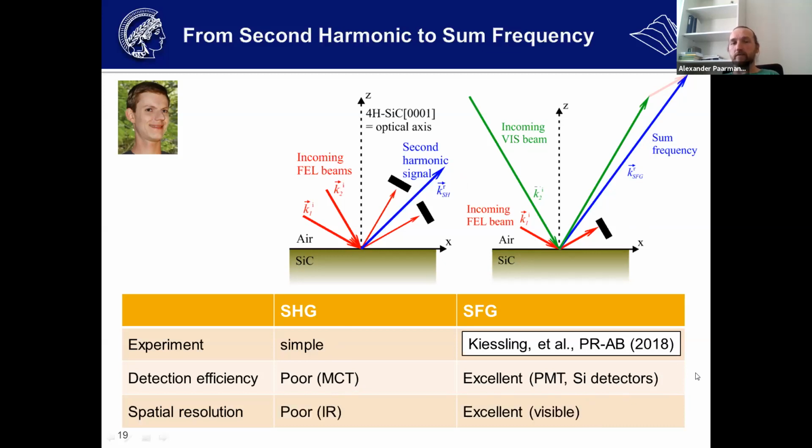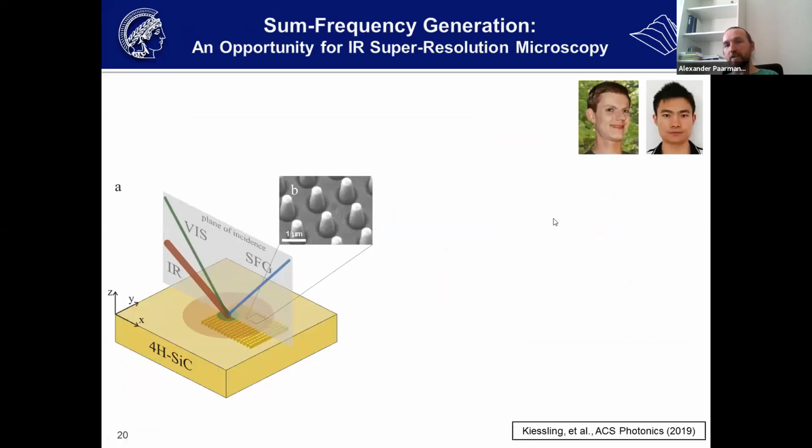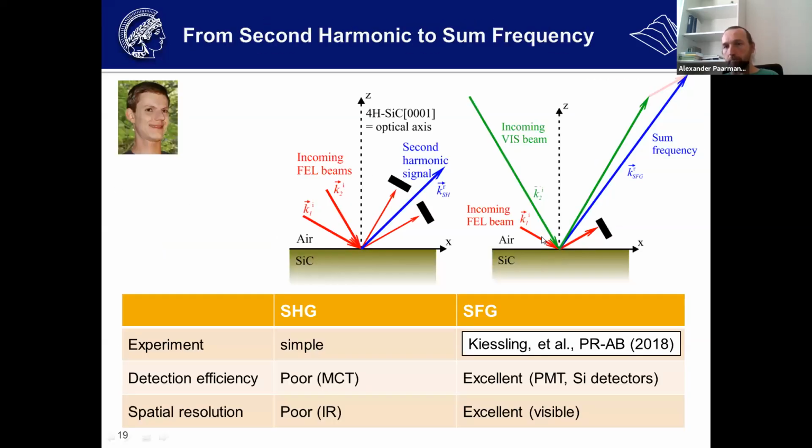And the second thing, and this is what I want to get to, is spatial resolution, which I haven't talked about so far. We're basically limited by how tightly we can focus our laser. But if we do SFG, and this is a very simple trick, if we frequency mix the resonant infrared beam and the non-resonant visible beam, and we have the signal emerging in the visible, then in principle the upper limit of resolution is given by this sum frequency signal in the visible.